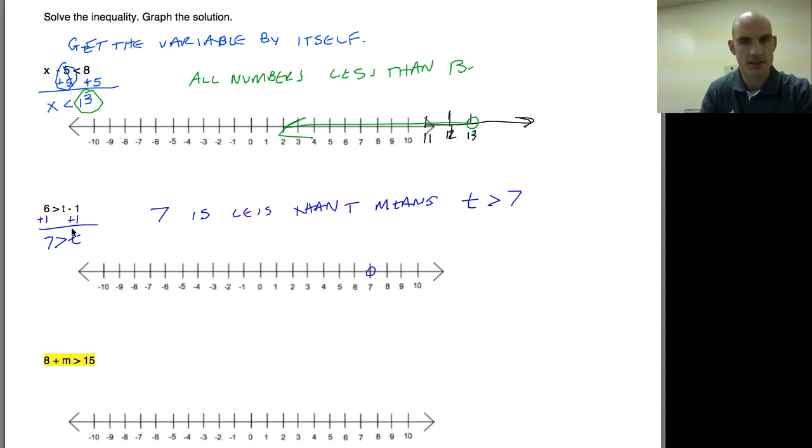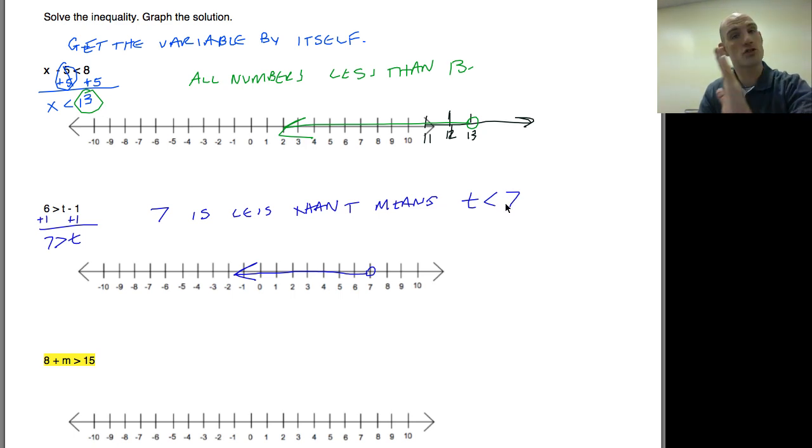See where I got that? The monster is still eating the bigger number, still eating 7. Okay? 7 is greater than t. So 7 is greater than whatever t is. So is 7 less than t?